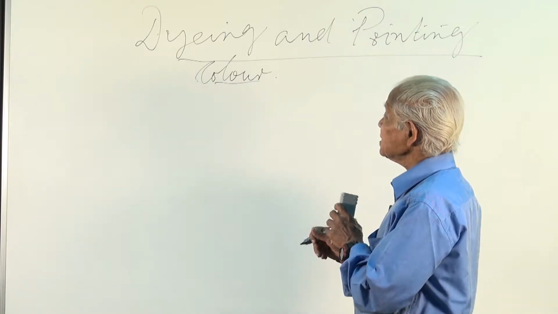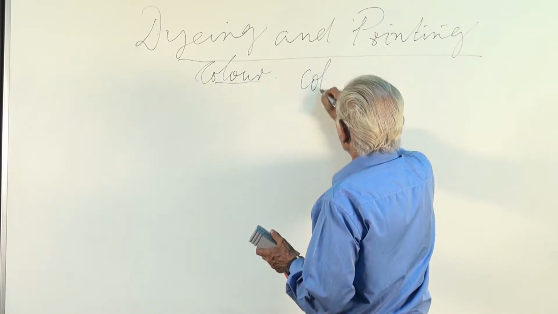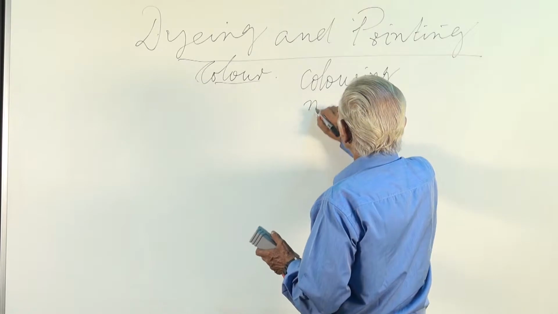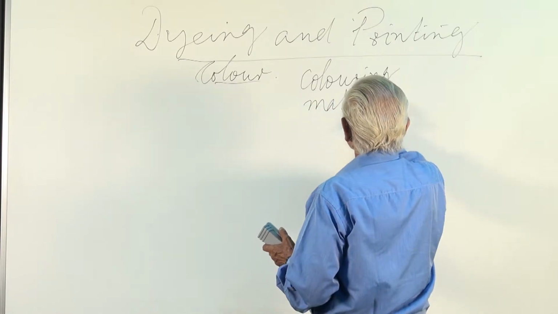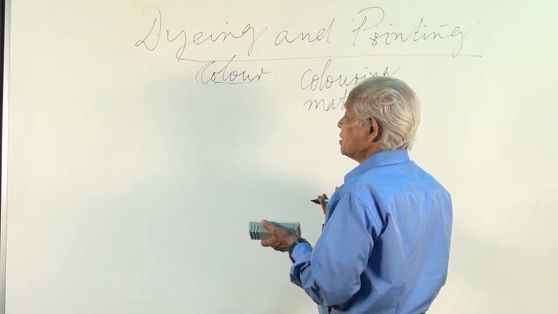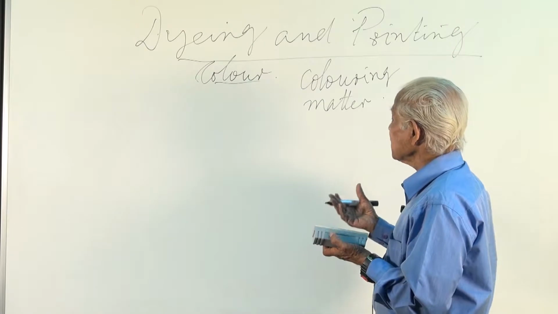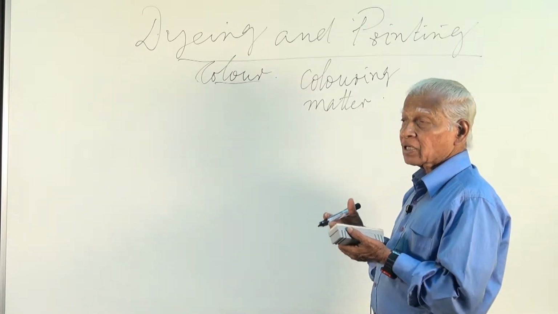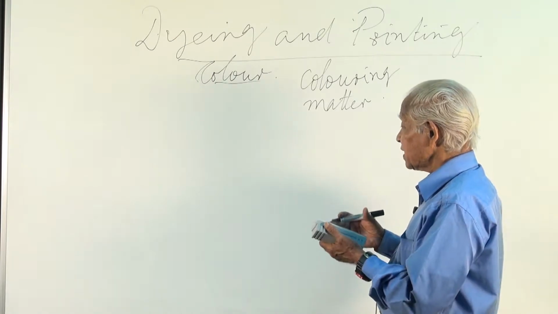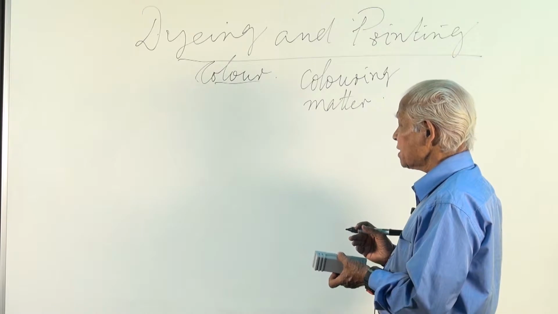Now, the color is imparted by a coloring matter which is called dye. The coloring matter is available in nature. If we take leaves and dry them and then crush them, for example, onion leaves, if we collect them after they have been used and then crush them, we get a sort of color in them.